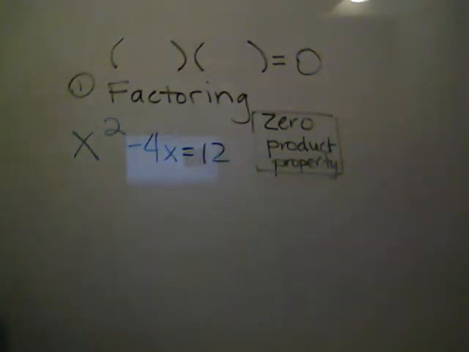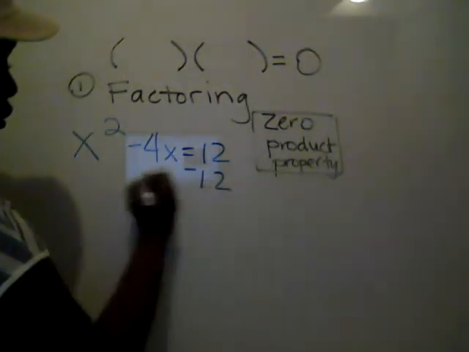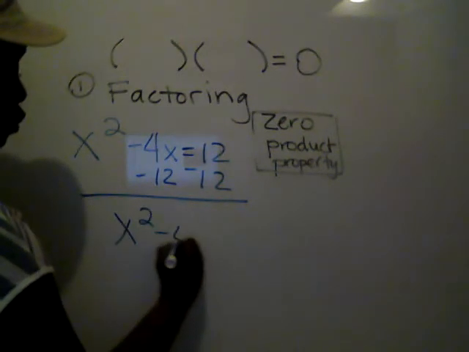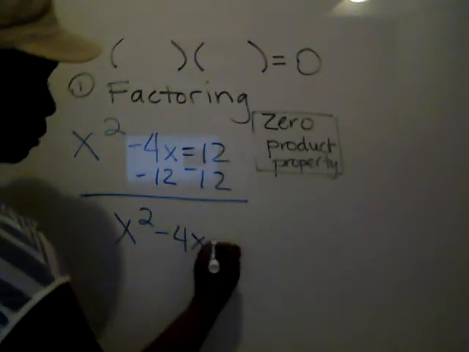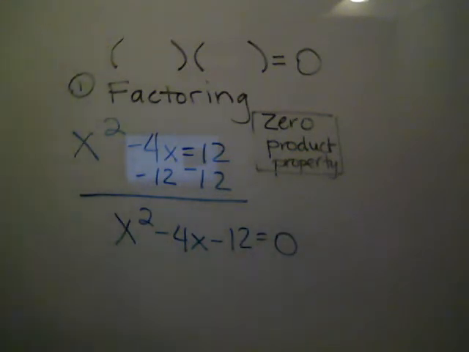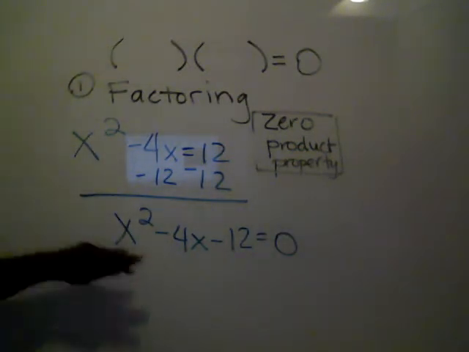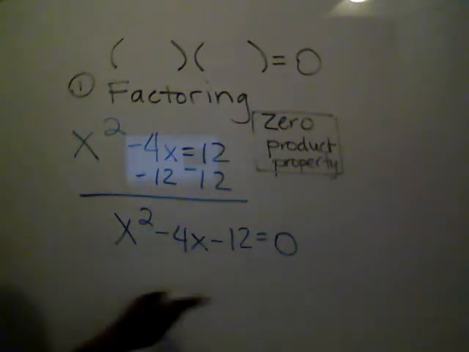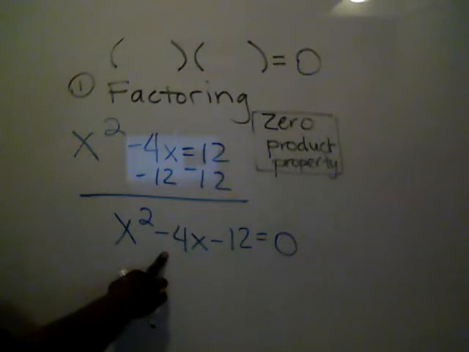Well, this is fine. What we would need to do first is subtract the 12 from both sides because we have to have the equation equal to 0 before we can technically factor. Same thing is true if we're using the quadratic equation. We have to have these equal to 0. Okay, so if we're starting here and we're factoring, we want to figure out things that multiply to -12 that somehow add or subtract to get us -4.